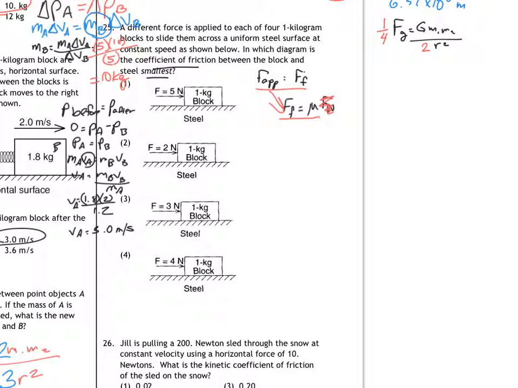And we're essentially saying that there's a direct relationship between the frictional force and the coefficient. So the one that's going to be smallest is the one that has the smallest frictional force, which is choice 2. And again, the reason is because the frictional force is equal to the applied force for that block.